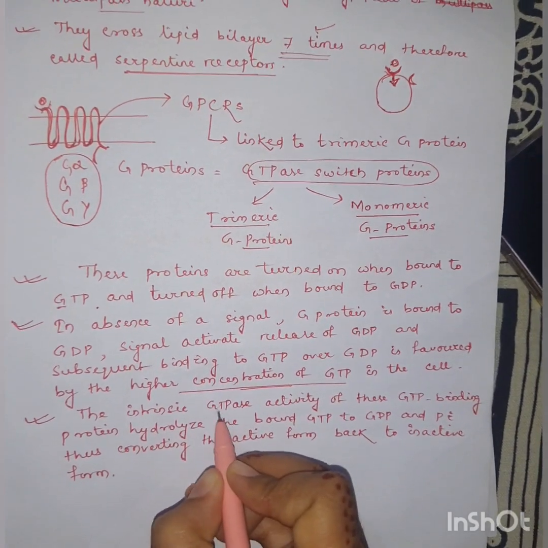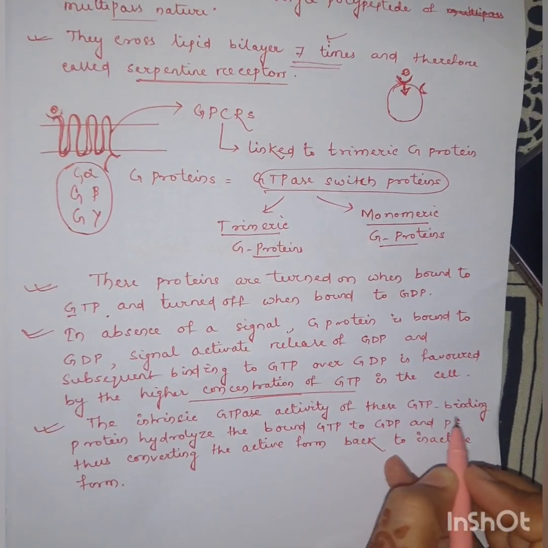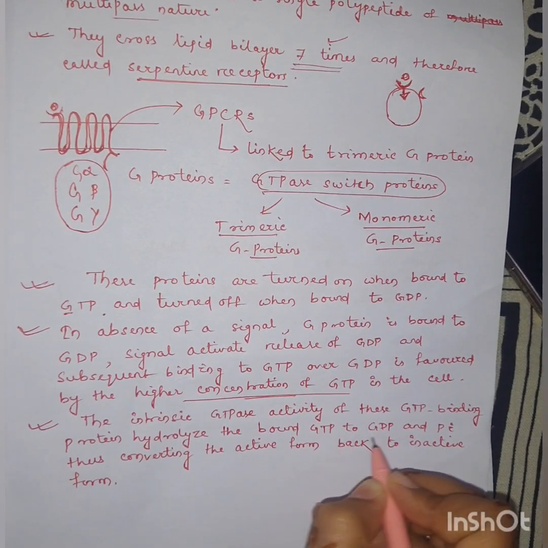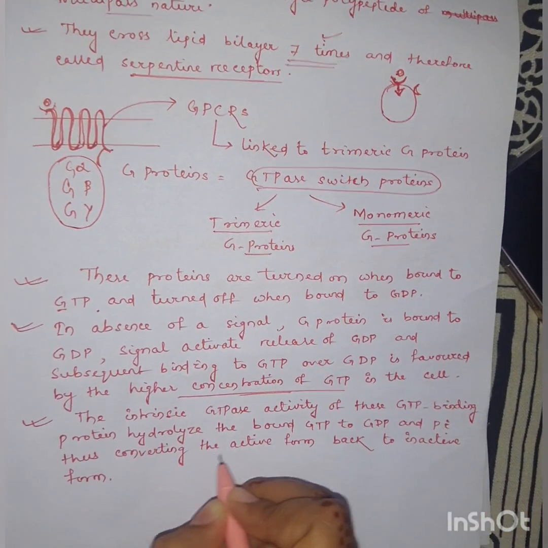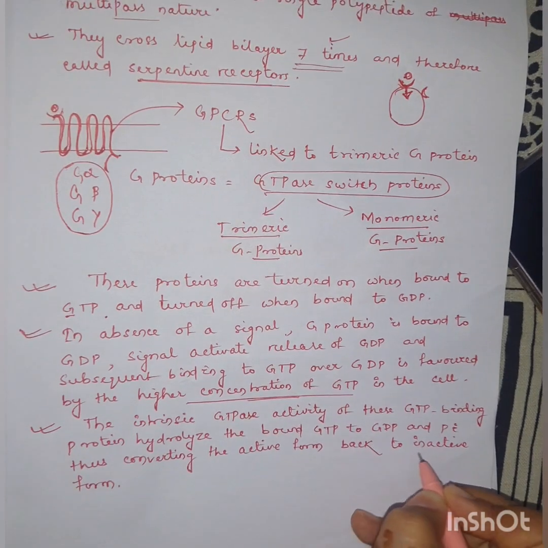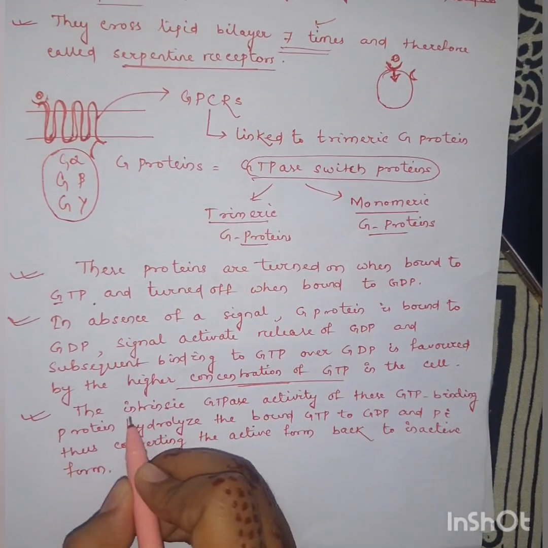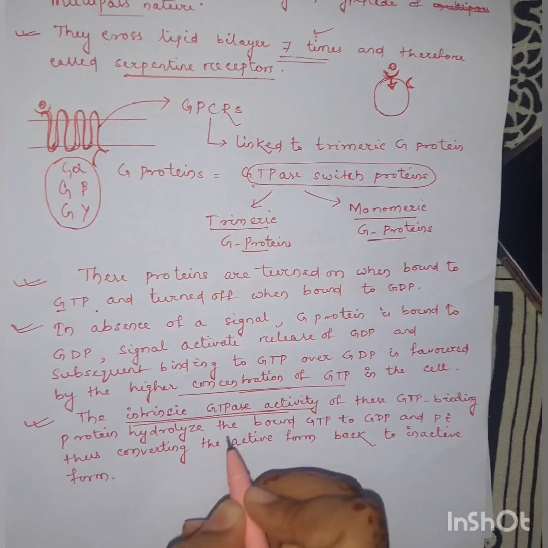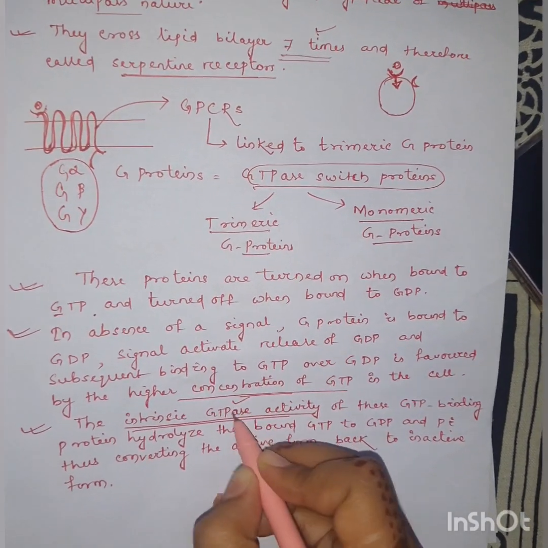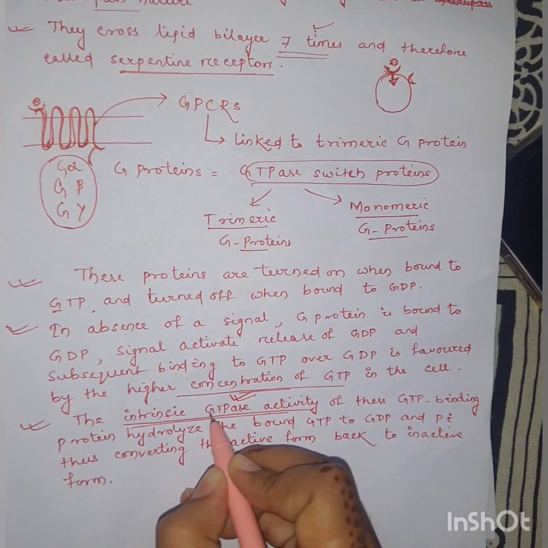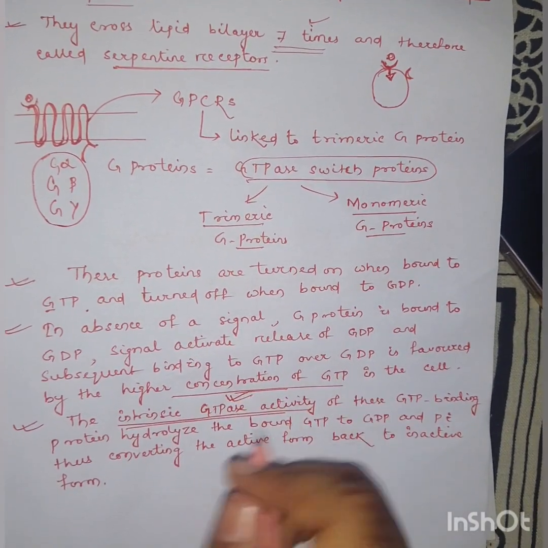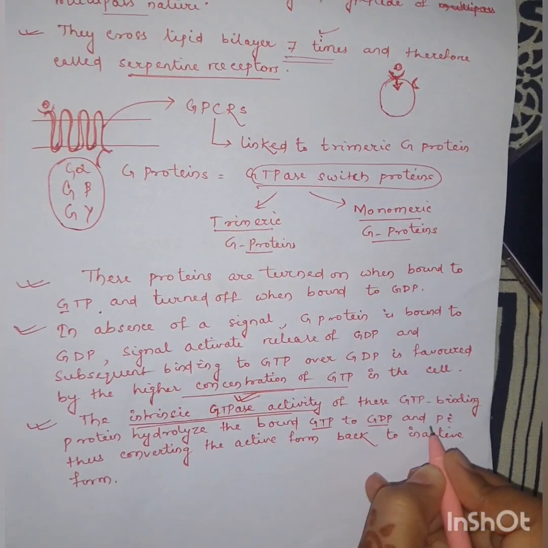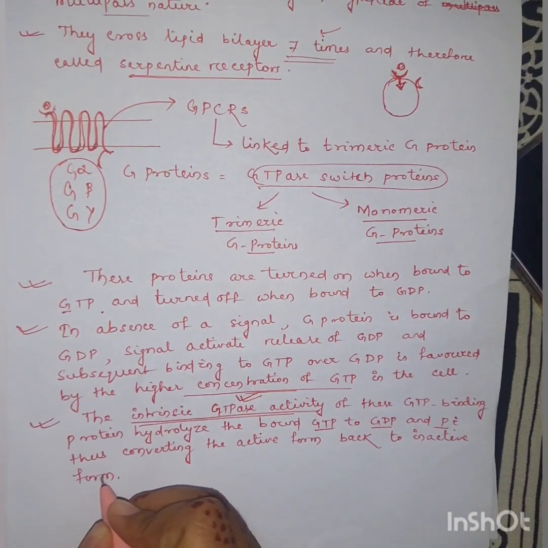The intrinsic GTPase activity of this GTP binding protein hydrolyzes the bound GTP to GDP and Pi, thus converting the active form back to the inactive form. Intrinsic means inside the cell; GTPase means which can break the GTP to form GDP and Pi, inorganic phosphate.